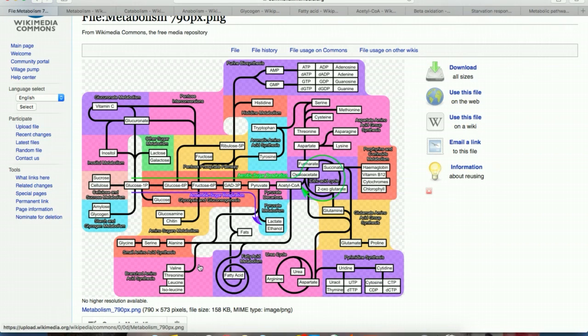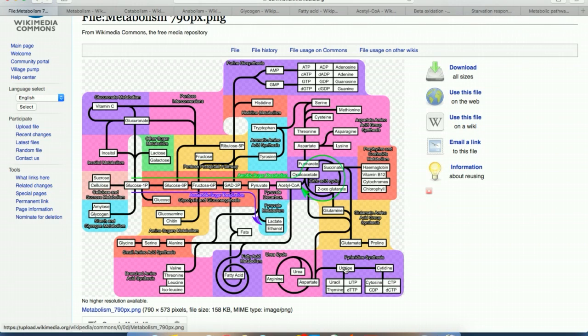Let's see what else we can find. Okay, fatty acid metabolism. So this must be the beta oxidation pathway that starts here from fats, the free fatty acids, and then they go into acetyl-CoA and the citric acid cycle. So that's what we studied today. Excellent. So there are lots of different pathways.